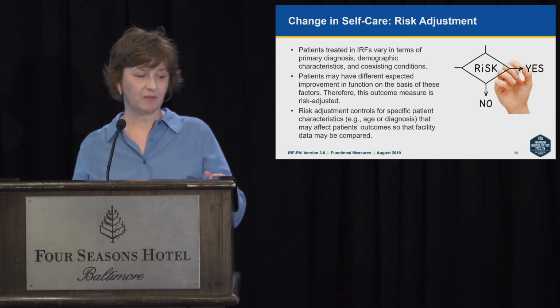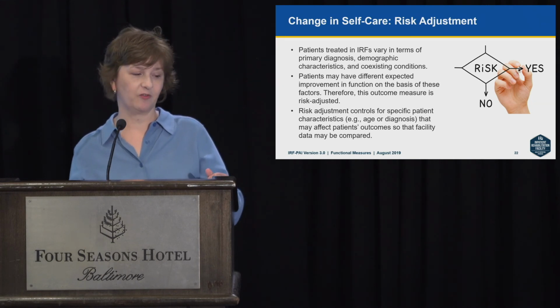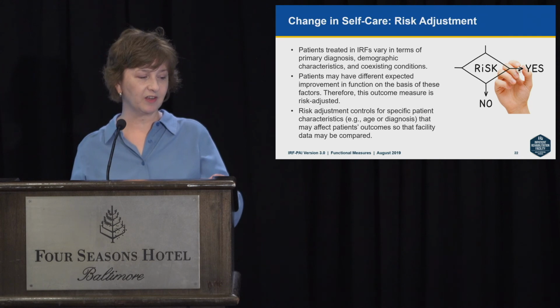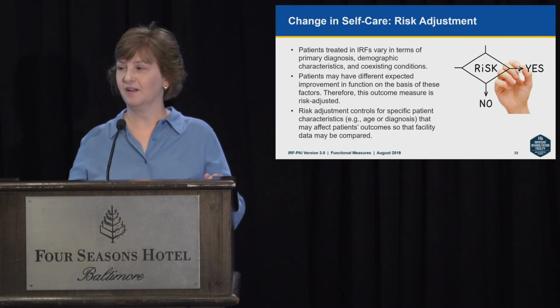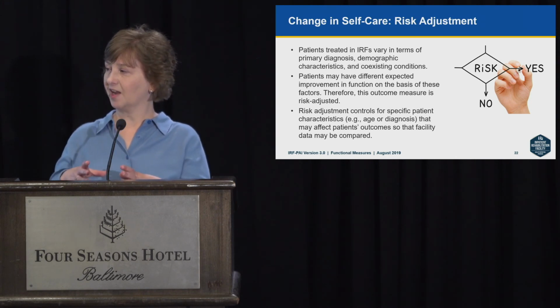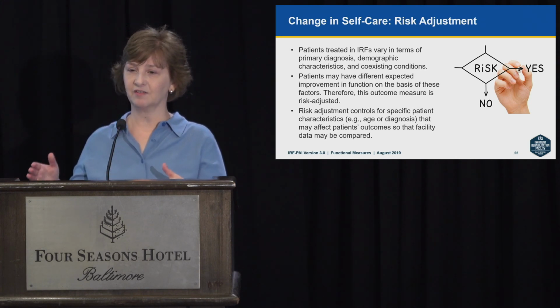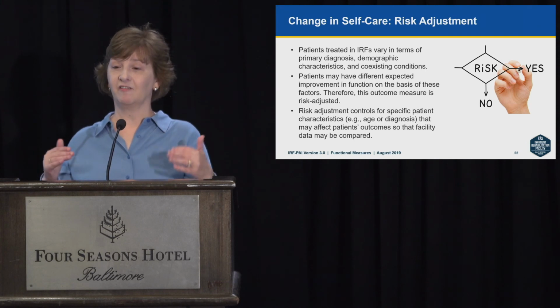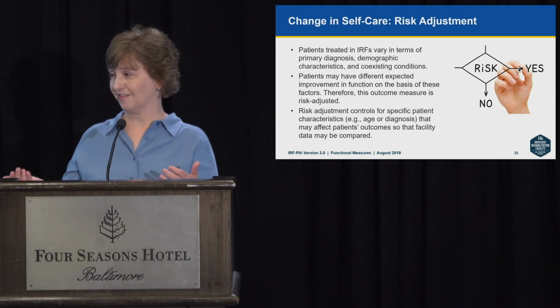So risk adjustment, in general, controls for the specific patient characteristics that may affect the patient functional outcomes, so that when the average change in self-care is compared across facilities, there's been a level of the playing field, so it's a fair comparison.